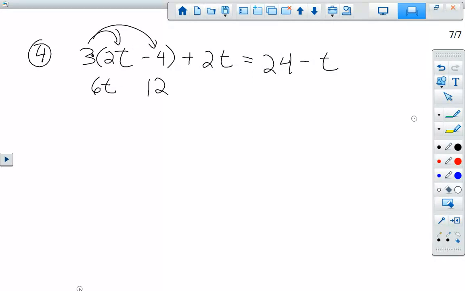So the sign could be both negative, this one negative, that one positive. You could have all variations. So you just let it be whatever it turns out to be. 3 times negative 4, different signs, that's going to be minus, and 3 times 4 is 12. Bring down the plus 2t, and the 24 minus t.